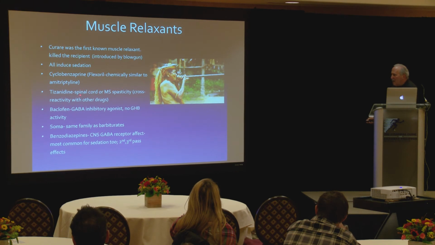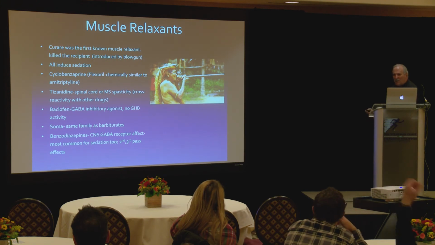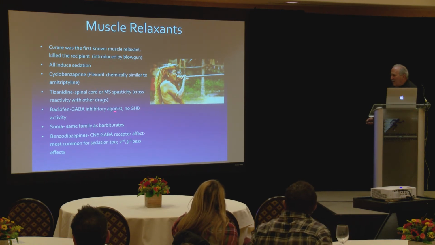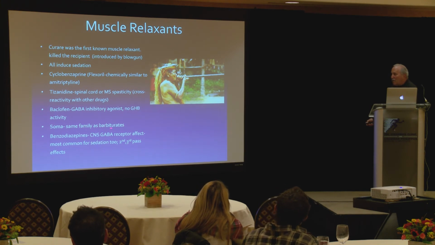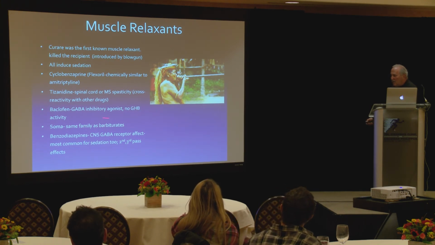There's tizanidine, which is good for spinal cord or muscular spasticity. We talked about the disease processes that have muscular spasticity. And baclofen is a GABA inhibitory agonist, and Soma is the same family as barbiturates, so you can get hooked on Soma, but it's a great drug used properly.